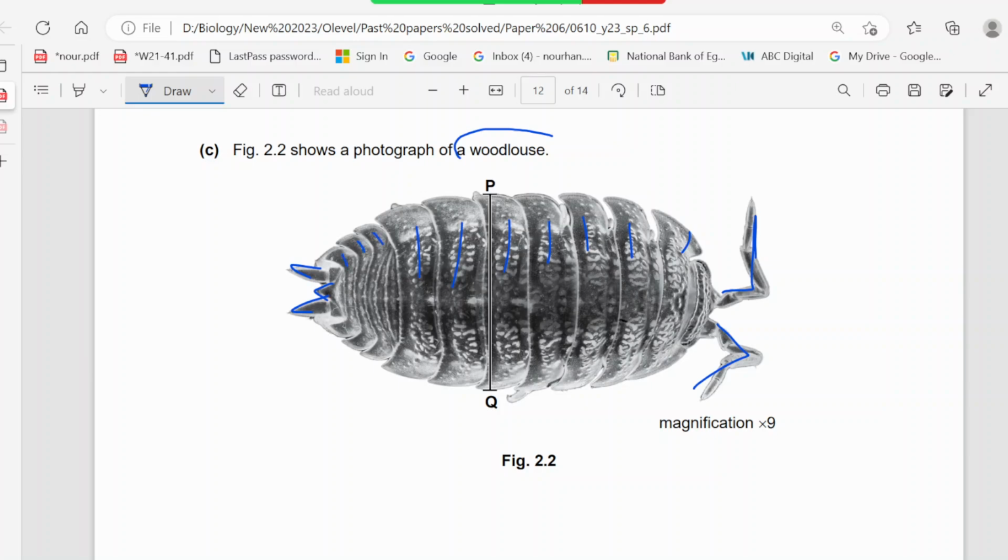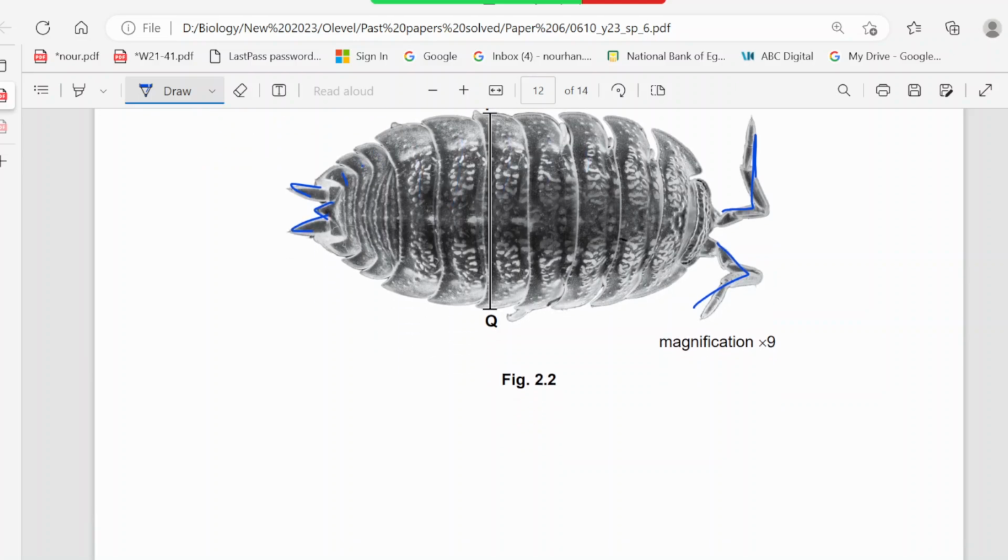In the marking scheme it said that you should at least draw 8 segments. Any drawing with many segments, there is usually a range in the marking scheme. So how am I going to draw it? To make it easier on yourself, you can do an oval shape like this.